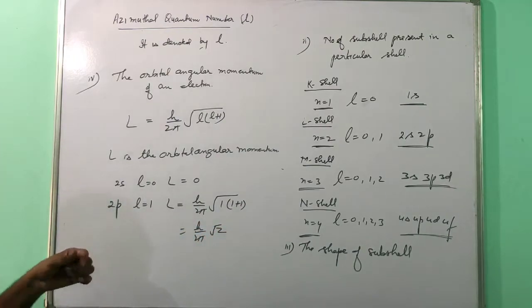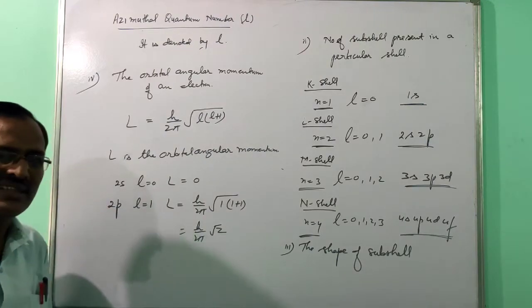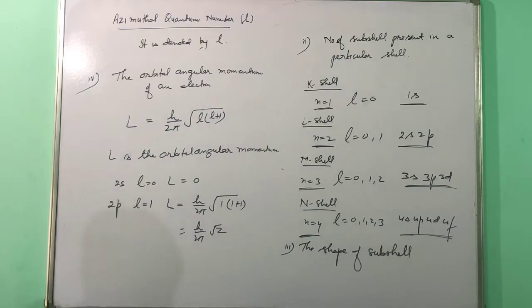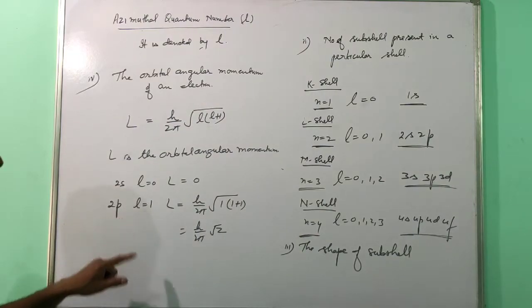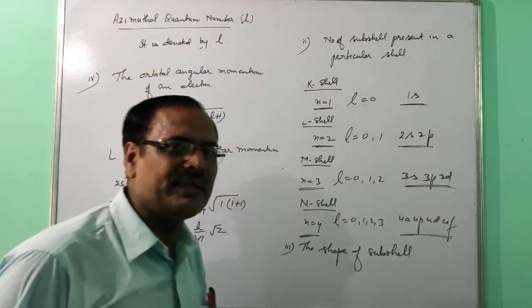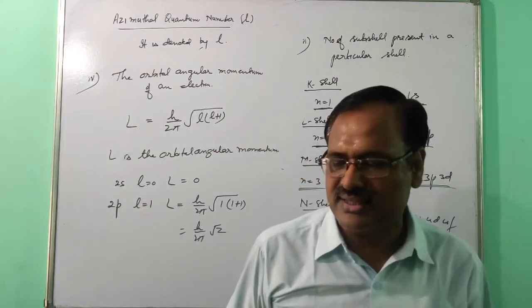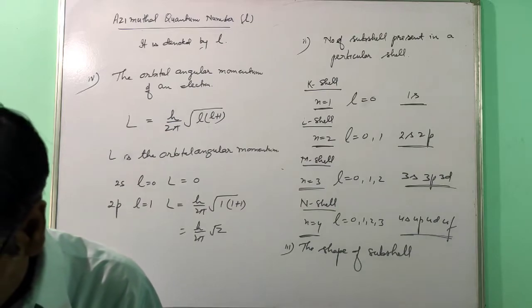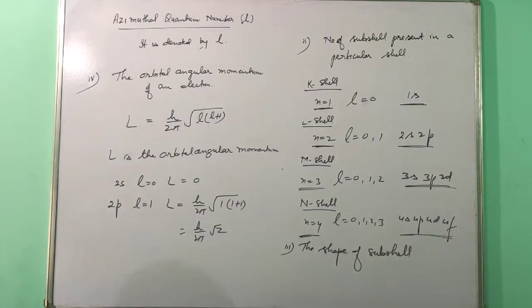I want to tell you, whether you take 2p, 3p or 4p, this angular momentum will be the same, because it depends on the value of l. Since the value of l is the same, the angular momentum will be the same. So you get this information from the second quantum number, the azimuthal.